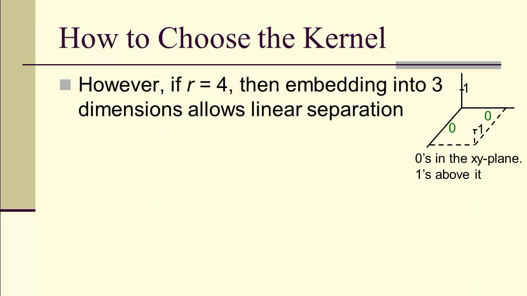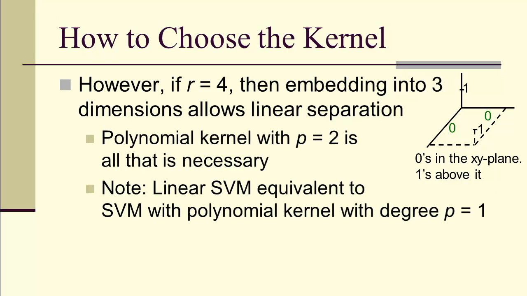But if we have 4, then we can use a 3-dimensional setting. So what does that mean? That means 3 dimensions is essentially a polynomial kernel with 1 extra term. So a polynomial kernel with p equals 2 is all you need if you have 4 support vectors.